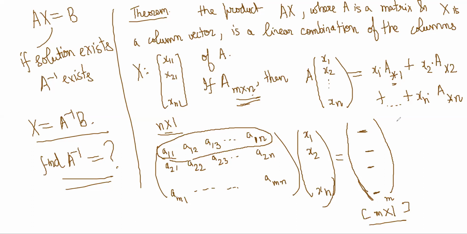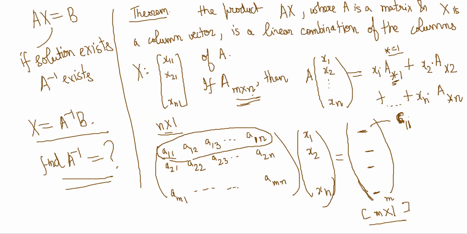So if you find out this element, C11, it will be the dot product of first row and first column. That will just be A11 into x1 plus A12 into x2. The star is 1 here. That is C11.